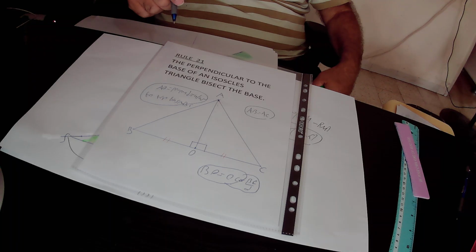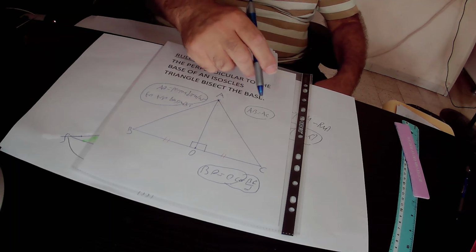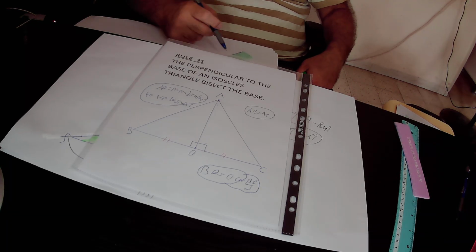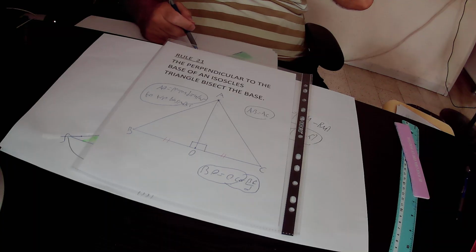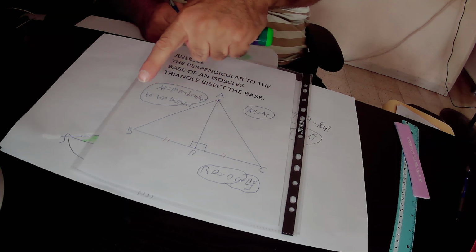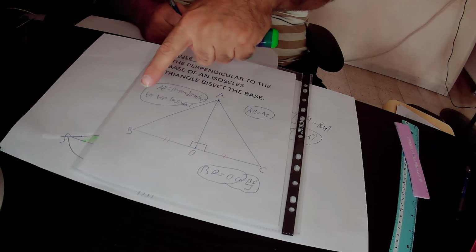So this is triangle ABC, an isosceles triangle where side AB equals side AC. From the vertex A, BC is of course the base of the isosceles triangle ABC. From the vertex A, we go perpendicular AO to the base BC.